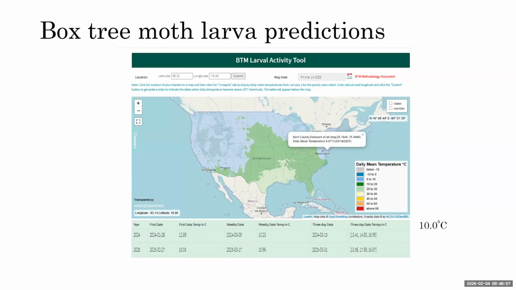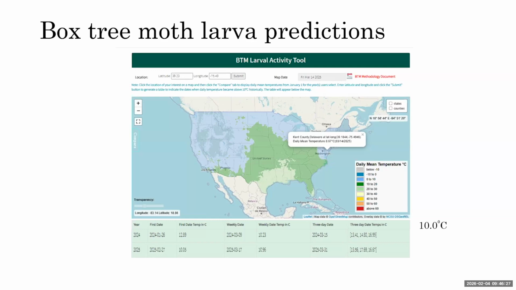For a week of consistent 10-degree temperatures, it was the 9th of March or the 17th of March in 2024-25. So early March, we're getting days that are potentially in the 50s.